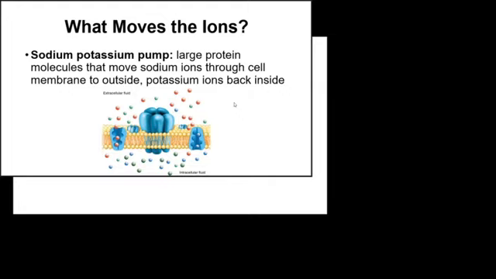So this is an active process. It's driven by using up ATP. And so what it does is that these blue bean-looking things in the middle have two types of holders, clamps, and they can hold on to either potassium or sodium molecules.